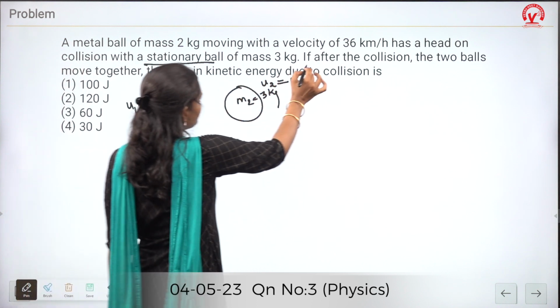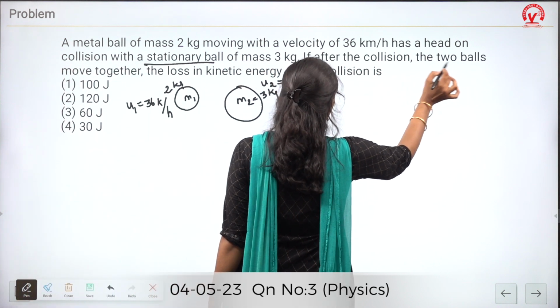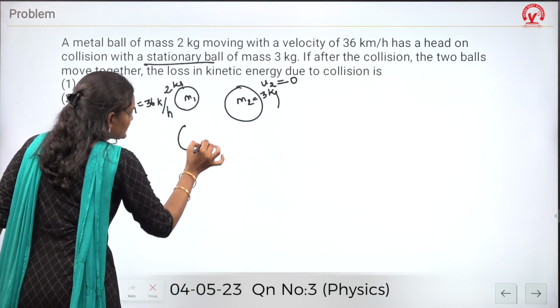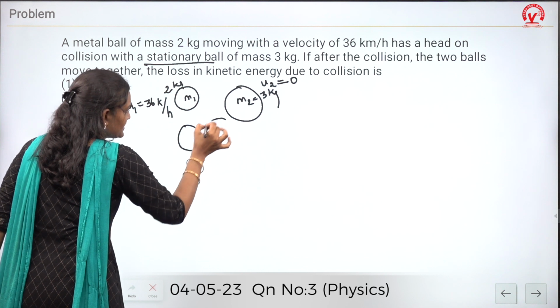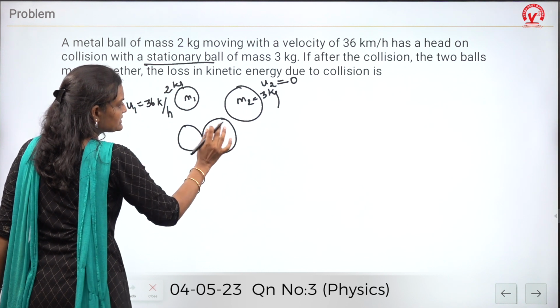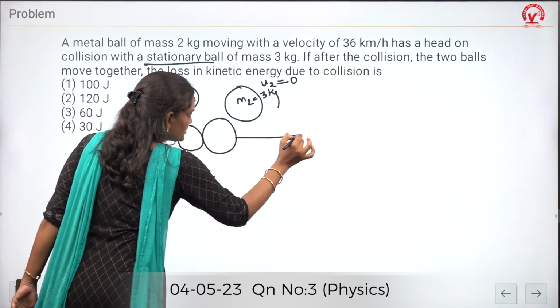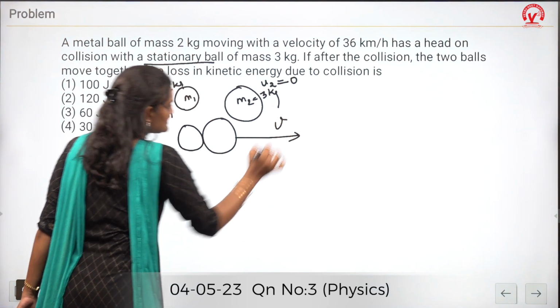Now here they have given that after the collision the two balls move together. So M2 is stationary, M1 is moving, and now the two balls are moving together with some velocity.